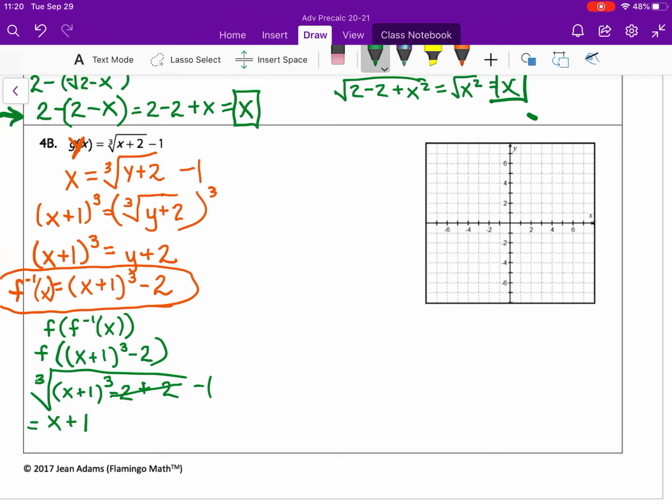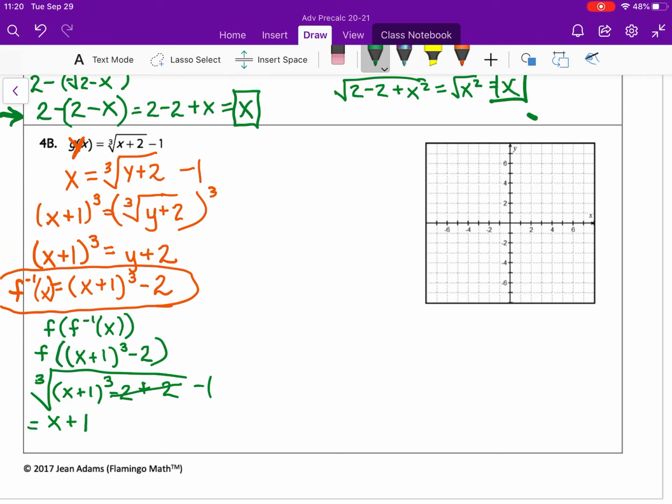And sure enough, x plus 1 minus 1 is x, which is our goal. Once you get used to doing these are actually kind of fun, but I do know that the first time that you're doing them, they are a little more complicated, and the fact that I just said that they are kind of fun, you're probably rolling your eyes at me, and that is totally okay.